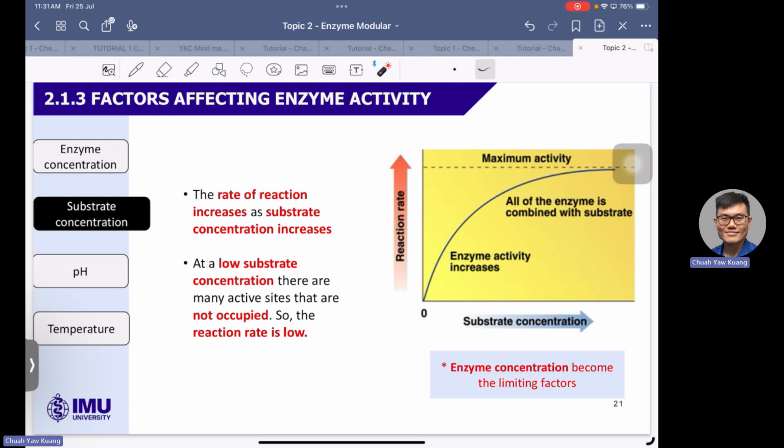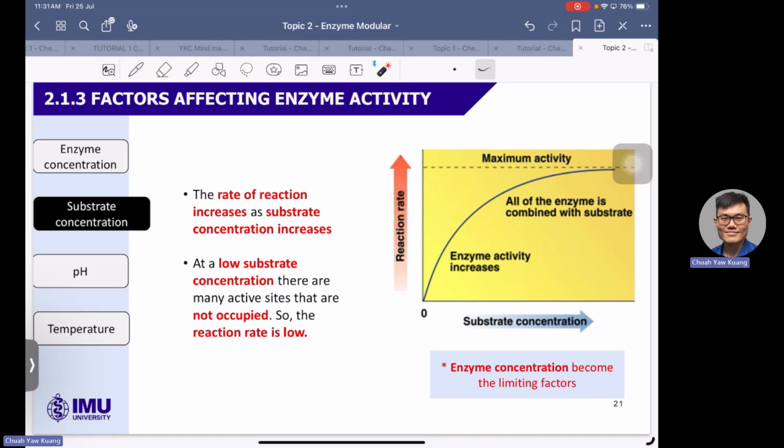Next, how do we explain the graph? The way we explain it is the same as for enzyme concentration, it's just that you have to be careful. A lot of students get confused here. What is the factor? The factor is substrate concentration. A lot of students, when they see the graph, are so happy and explain everything in terms of enzyme concentration.